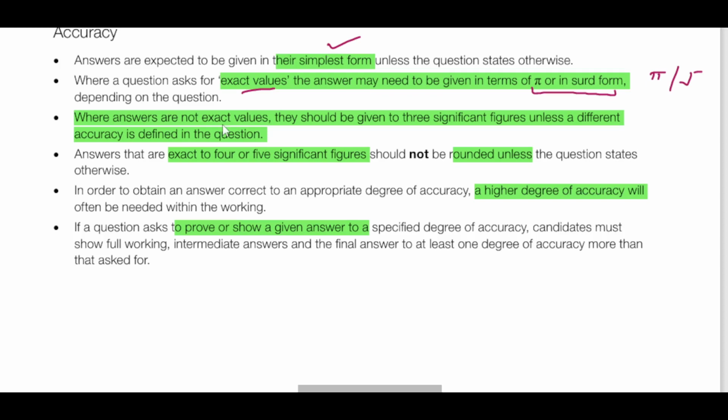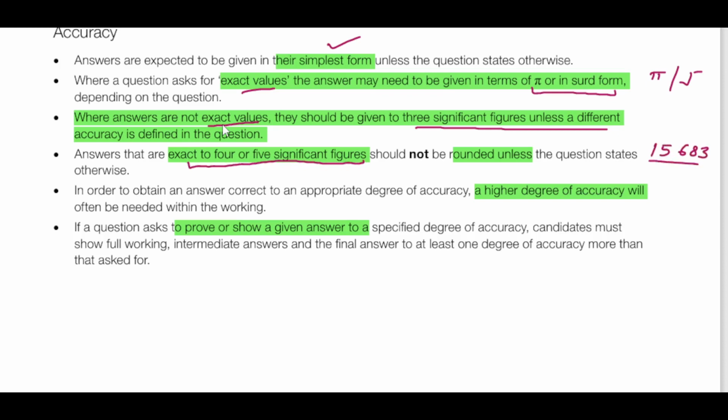And where answers are not exact values, they should be given to 3 significant figures, unless you are asked differently, if the question has a different requirement. And also, if the exact answer is 4 to 5 significant figures, then you should not round it off unless you are told to. Like, let's say your answer is 5683.